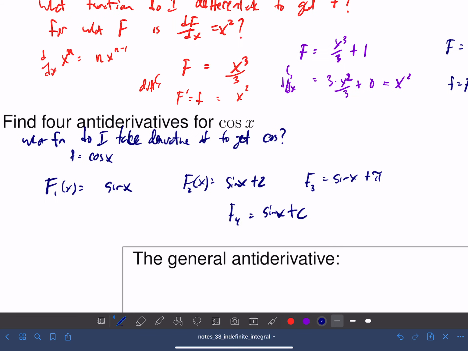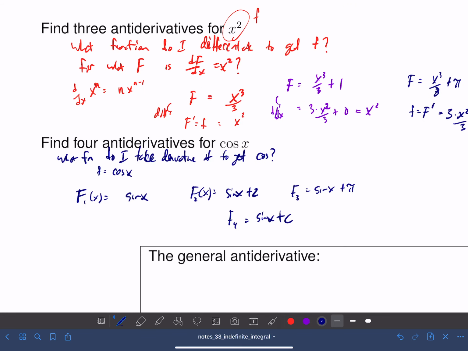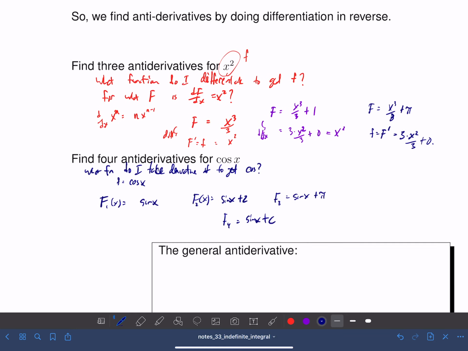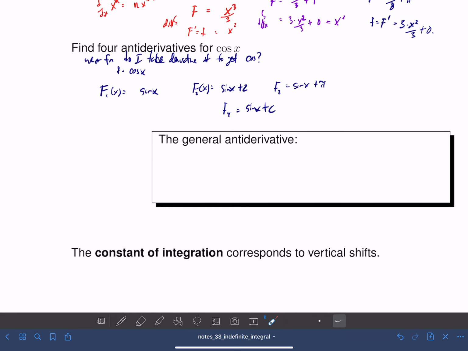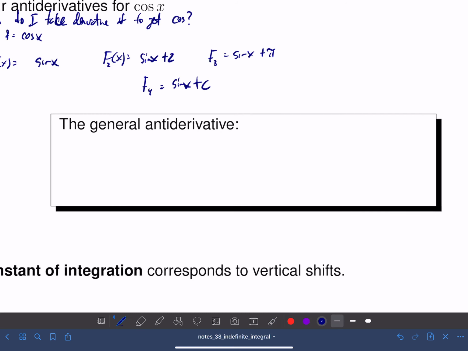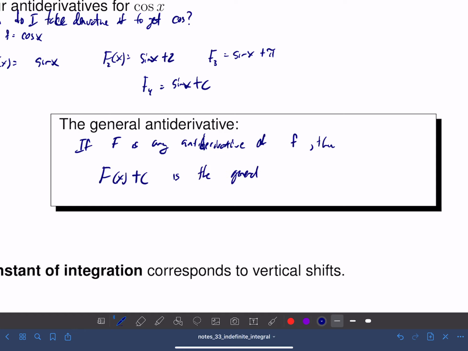Okay, so these two examples where I have a whole family of antiderivatives parameterized by the constant of integration give rise to the general antiderivative. The general antiderivative is stated as this: if capital F is any antiderivative of lowercase f, then capital F of x plus c is the general antiderivative.